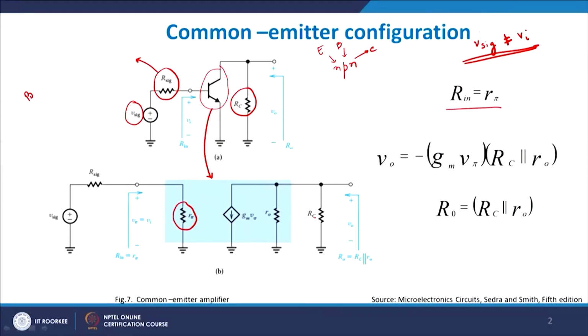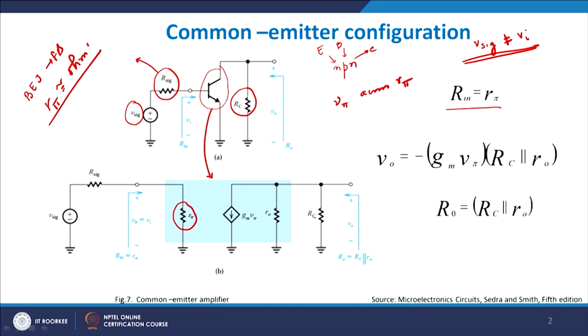When the base-emitter junction is forward biased, this R_pi will be of the order of few ohms, because it is a forward bias device characteristic. The voltage across this R_pi, which is V_BE, is V_pi.